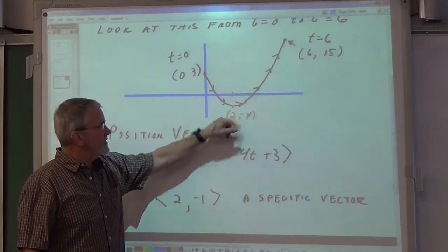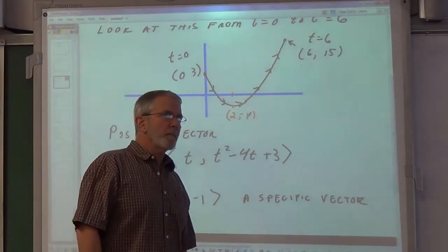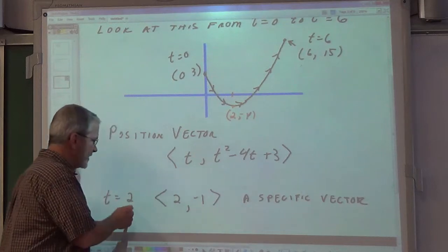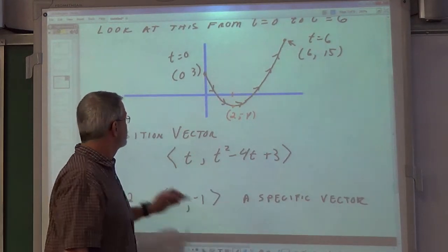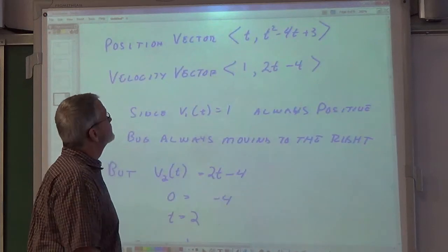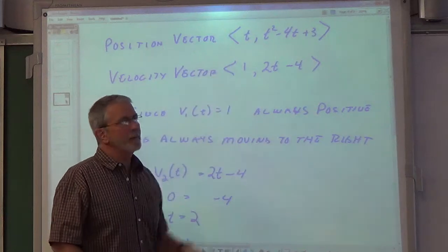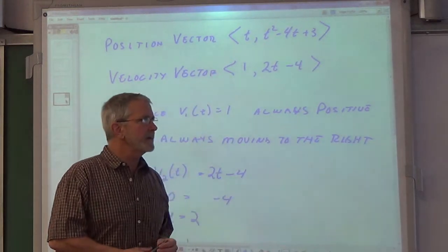And it is that specific vector. This is where that bug is, at the point 2, negative 1, when t equals 2. So here's my position vector of my example: t, comma, t squared minus 4t plus 3.